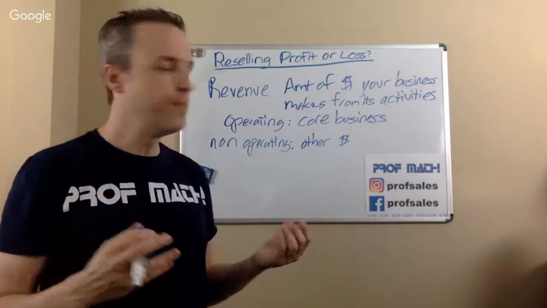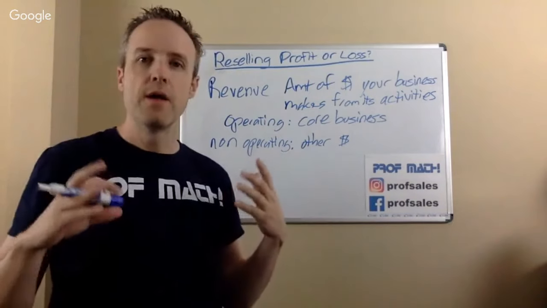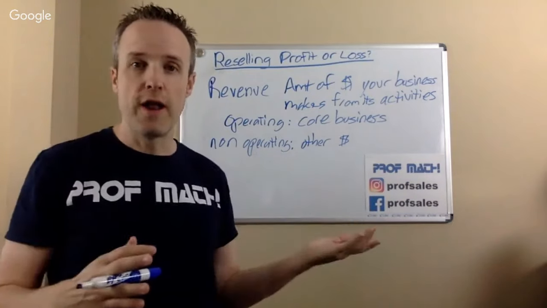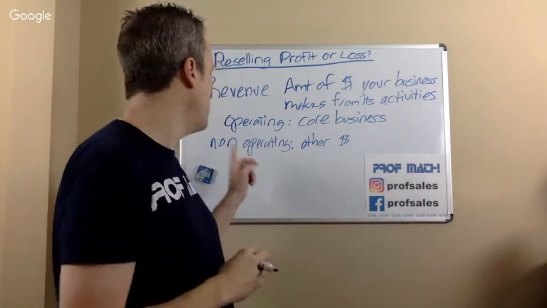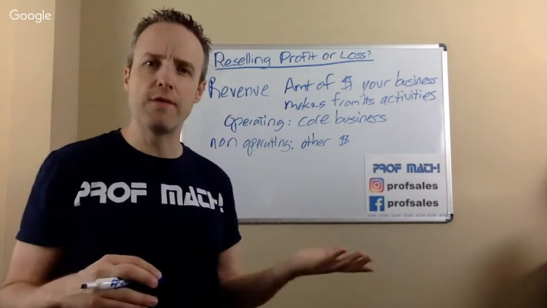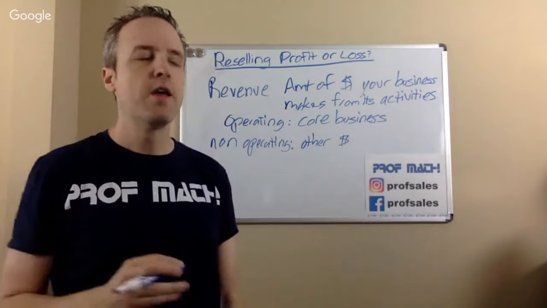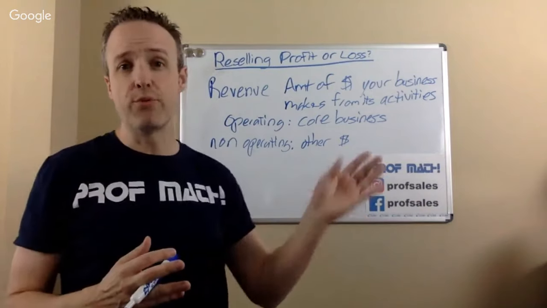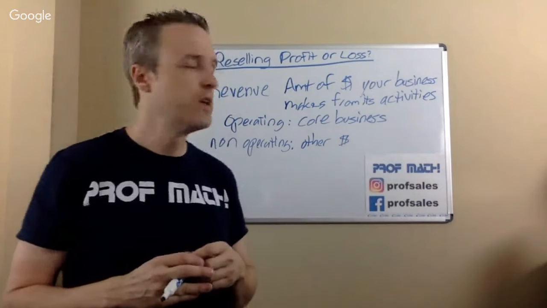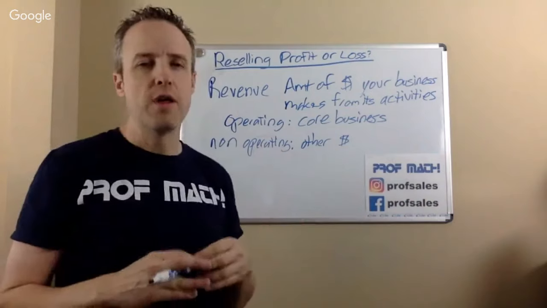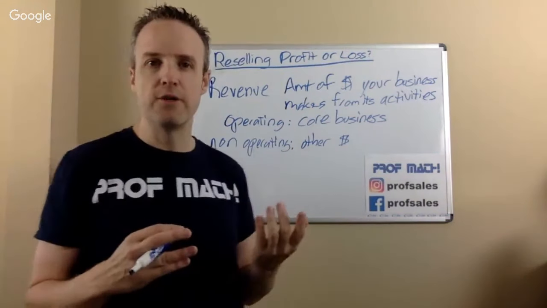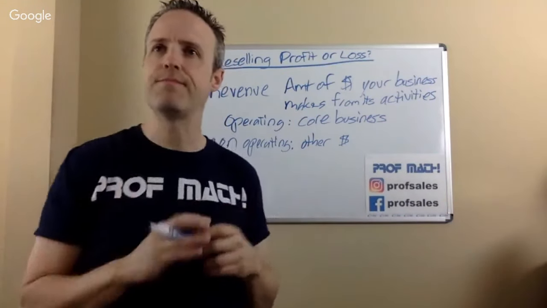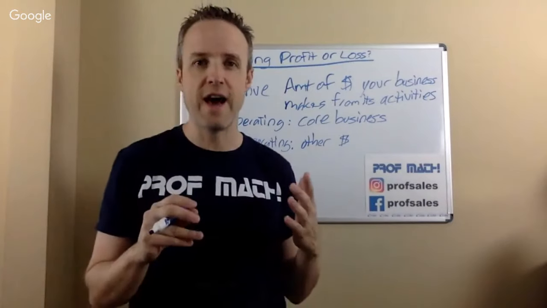So if you're a reseller, this is what you're making from selling the items that you've gone out and found. Non-operating would be kind of the one-offs that could happen every once in a while. Maybe you sell an asset, maybe you sell a printer you use in your business or a desk, and you would record that revenue. Kind of unusual, but I wanted to throw it in there just in case you ever run into it. So here's why it matters, guys.